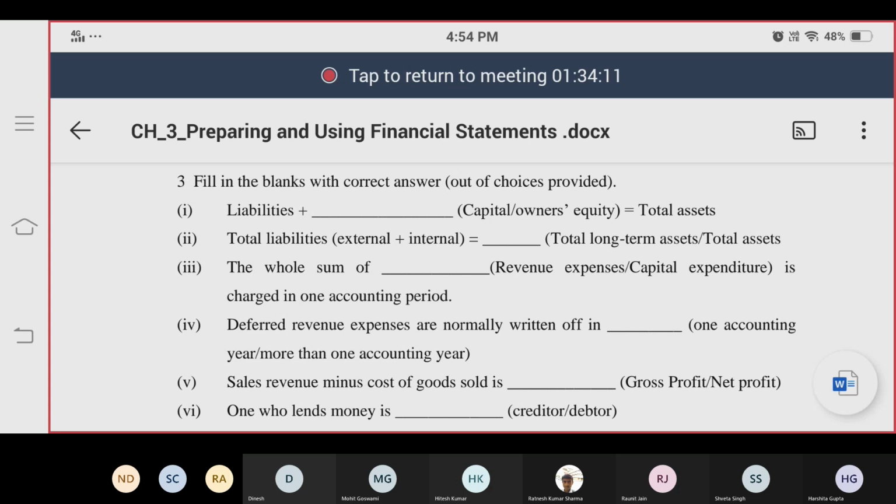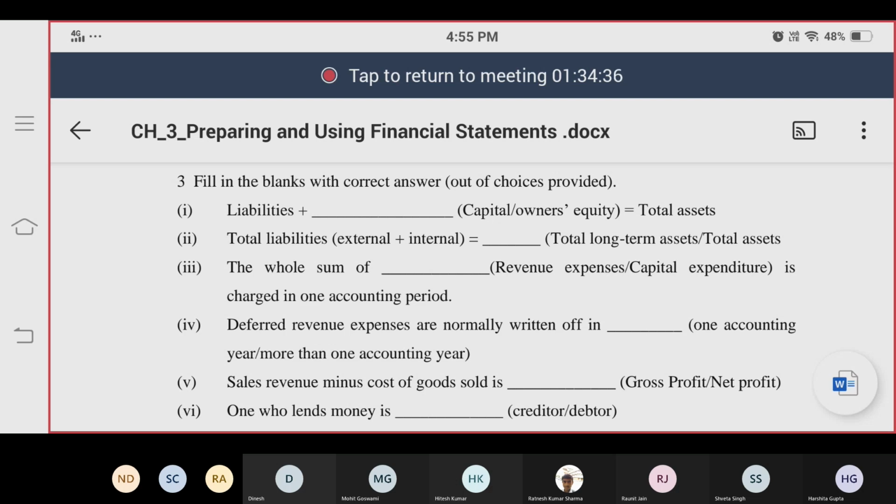So Mohit, do you want to take a guess on this? It will be revenue expenses. Very good, Mohit. All the revenue expenses that have taken place in that year will be recorded in the P&L account for that company. Very good, Mohit.